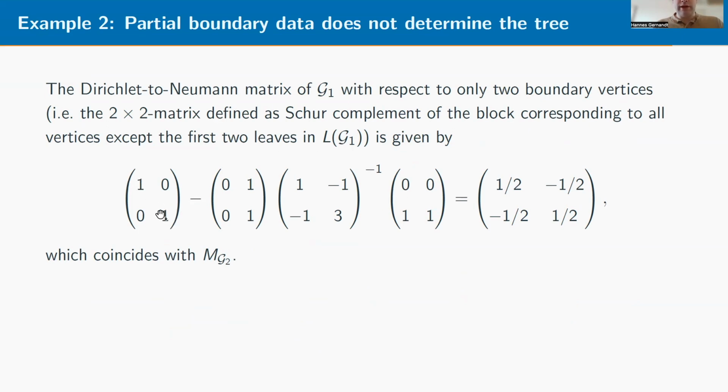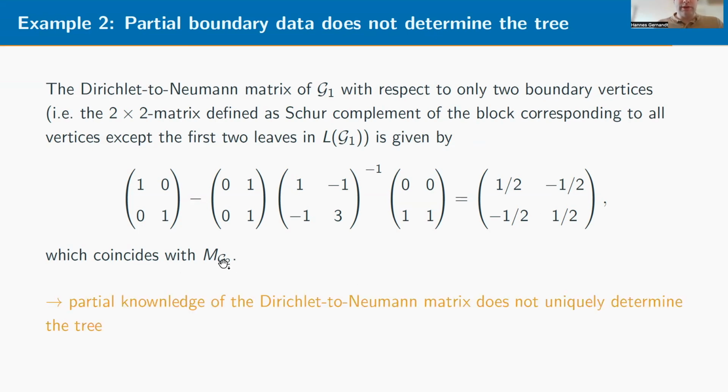Here again, the diagonal entries, then the inverse of the remaining 2 vertices, and I arrive precisely at the same Dirichlet-Neumann map as for the graph which consists only of one edge. So it was MG2. This shows that, as I said, partial knowledge of the Dirichlet-Neumann matrix does not uniquely determine the tree.